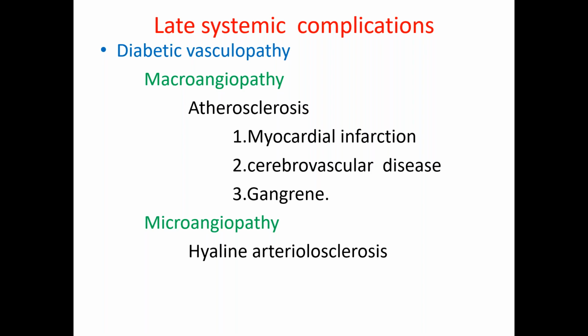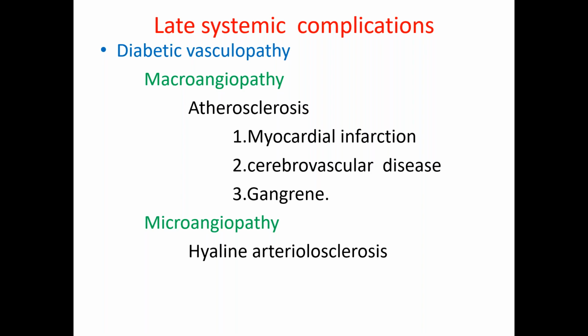So the important disease that is associated with the late complications of diabetes is atherosclerosis. Premature, early onset of severe atherosclerosis may lead to myocardial infarction because of coronary artery atherosclerosis and thrombosis. In the brain it may lead to cerebrovascular disease, which may manifest as cerebral thrombosis or cerebral hemorrhage, which may also lead to coma.